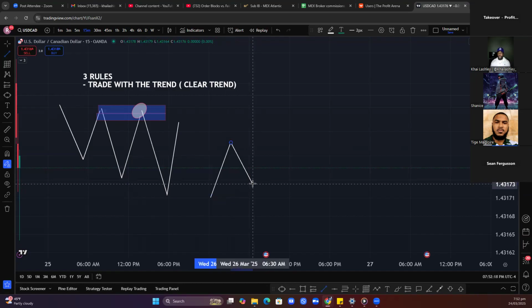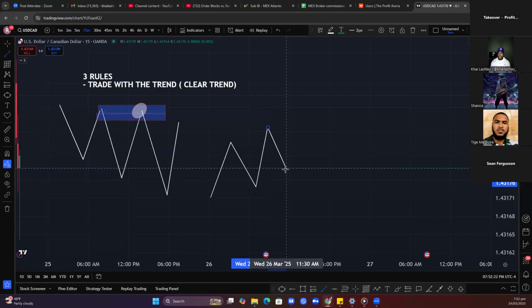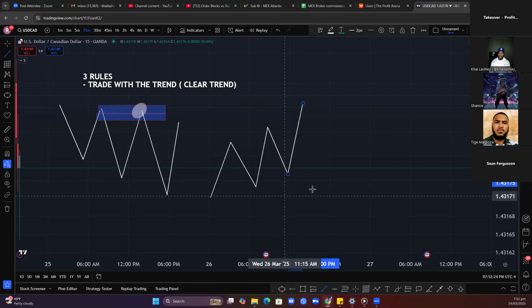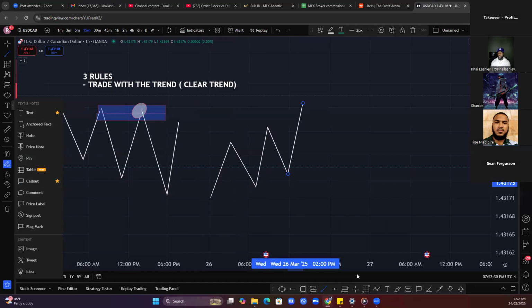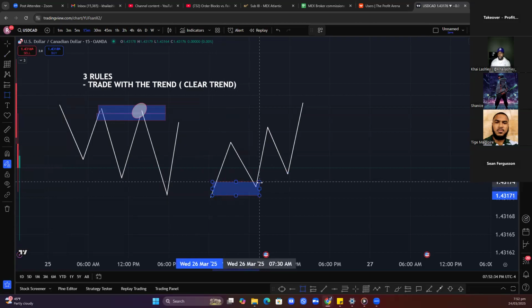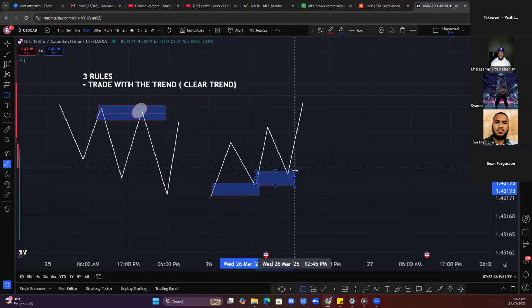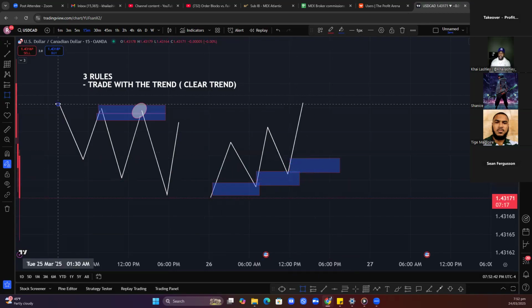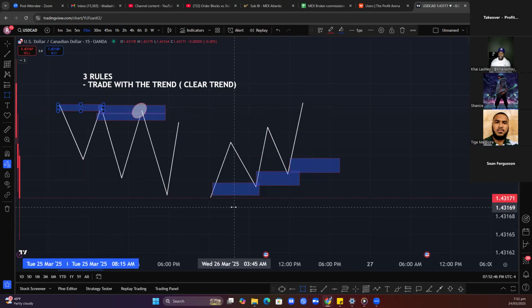To increase the probability of your trade, look for the order blocks and the imbalance at the highs for sells and at the lows for buys.